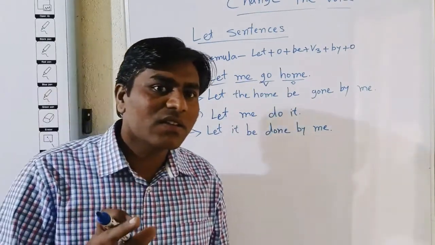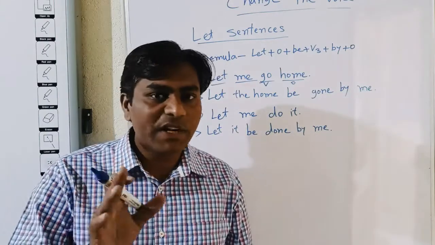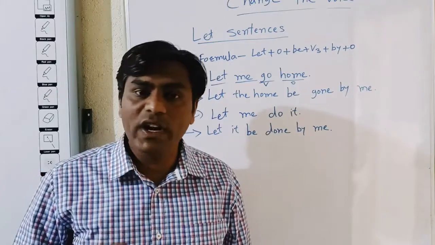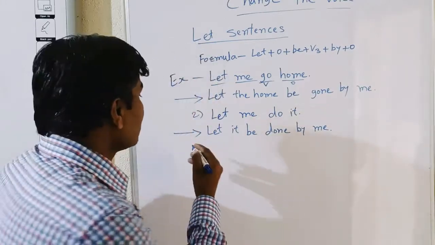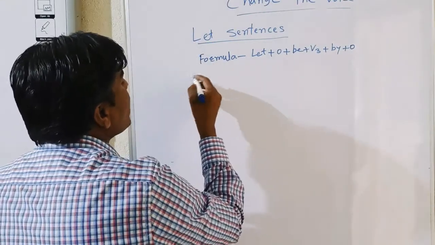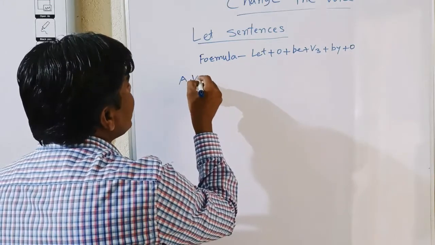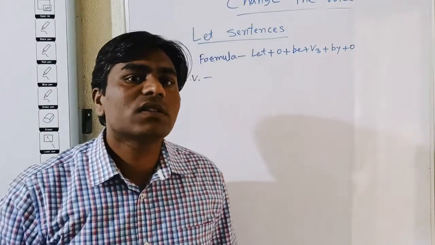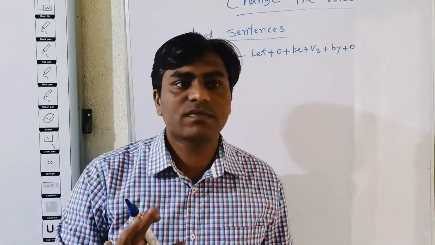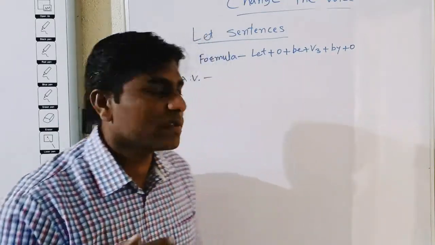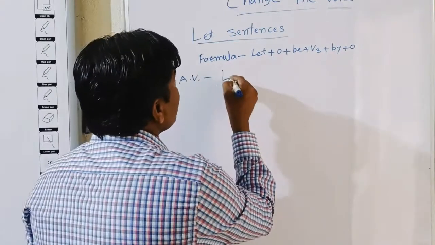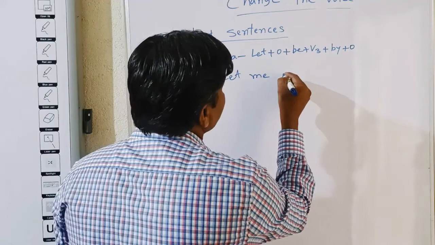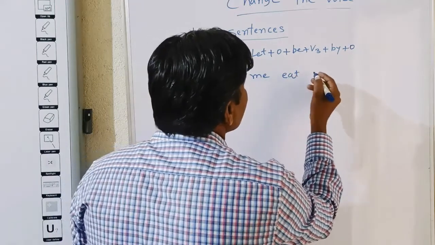Getting? Yes, sir. If you don't understand, then please ask. Now, Pawan will give me one example. Who will tell me an example of active voice? Pawan, do not speak. Yes, Ganesh.